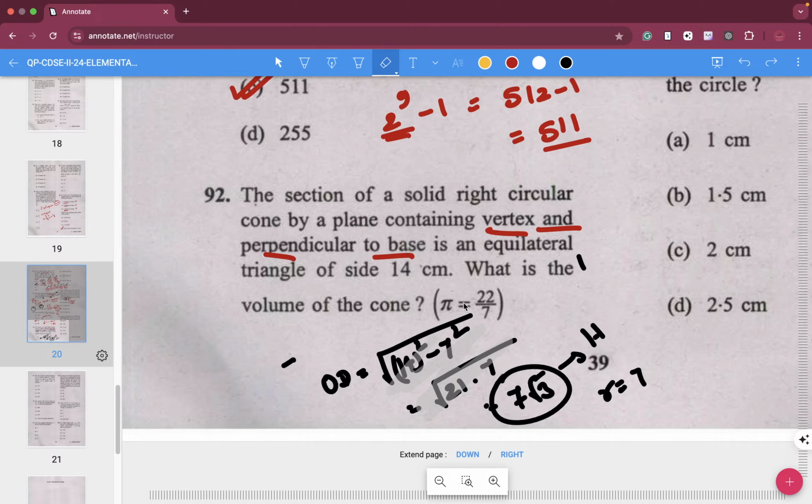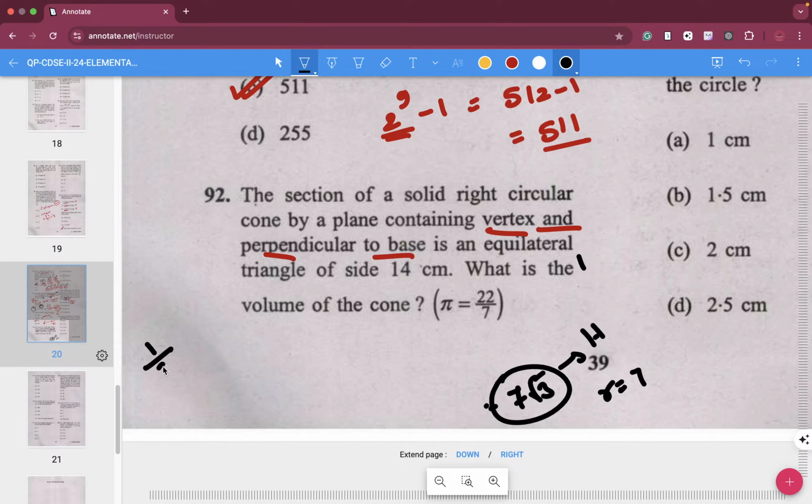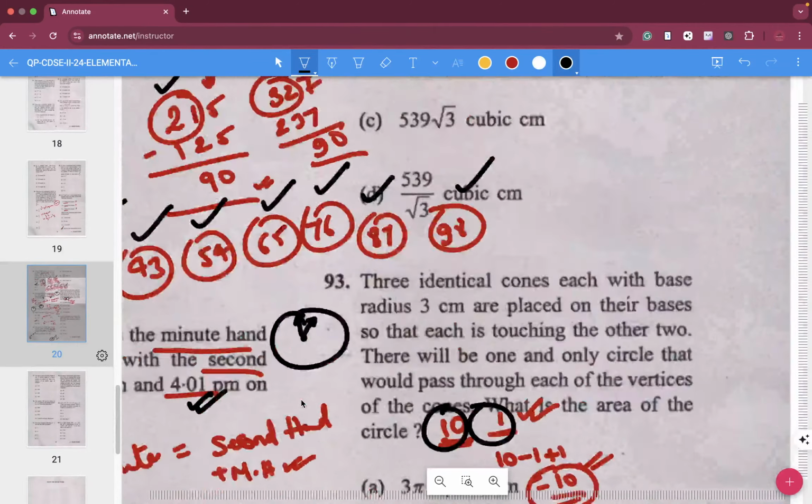So 1 by 3 pi into r square, which is 49, into h, which is 7 root 3. This one root 3 over here will go, and over here we will write root 3.